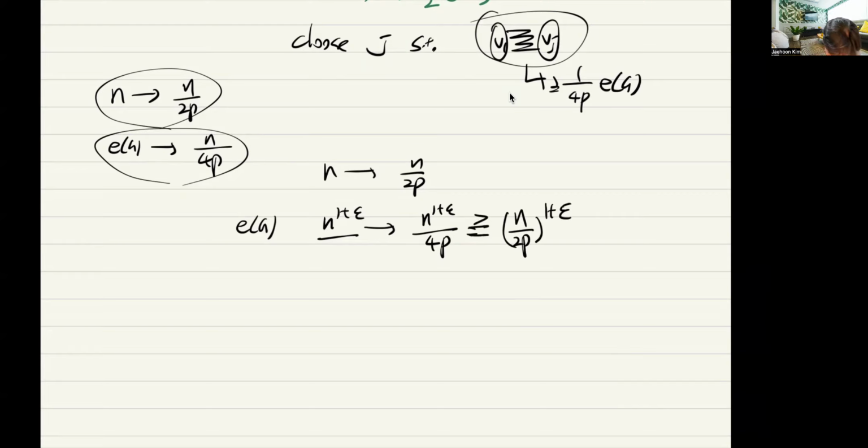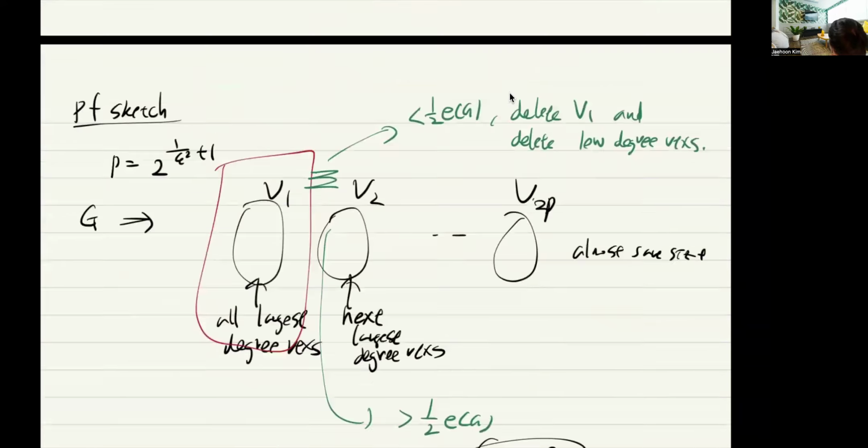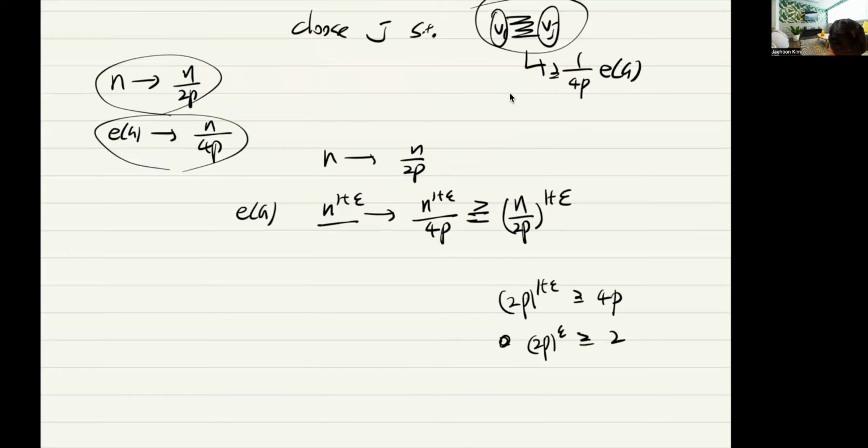Why? It's about 2p to the 1 plus epsilon versus 4p, which one is bigger? This is essentially comparing these. Because of our choice, this holds, so this is bigger.